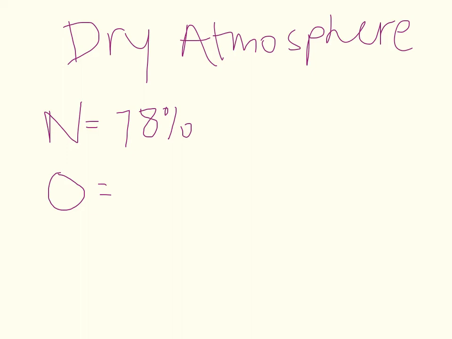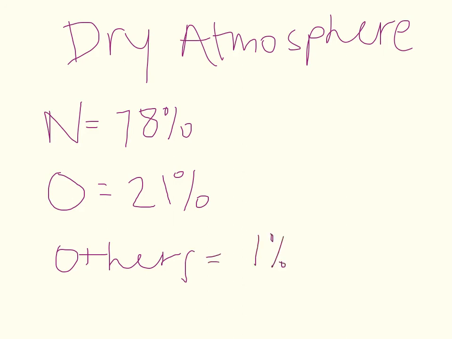There's about 21% of oxygen in our dry atmosphere. So first and foremost, we have nitrogen, and then we've got oxygen. And last but not least, we're going to put in the others column 1%, because other elements make up about 1% of that dry atmosphere.